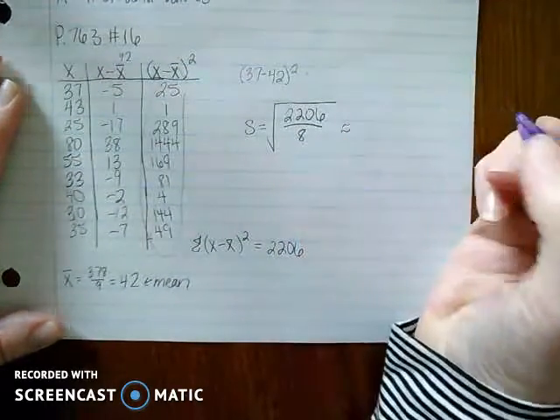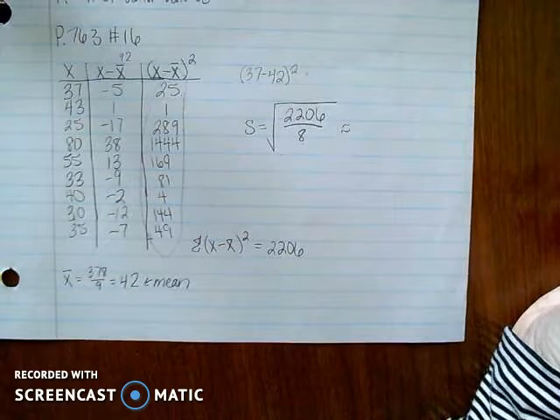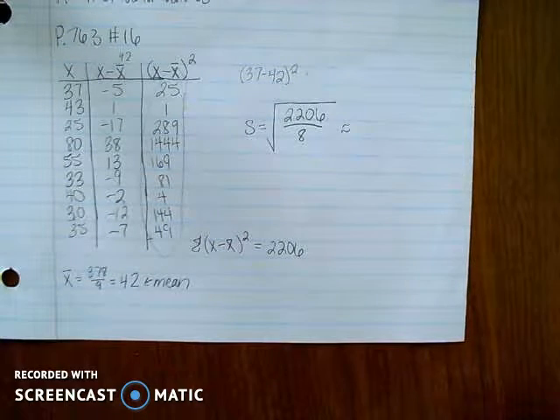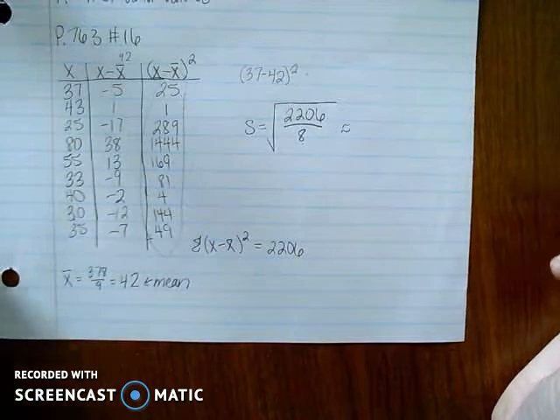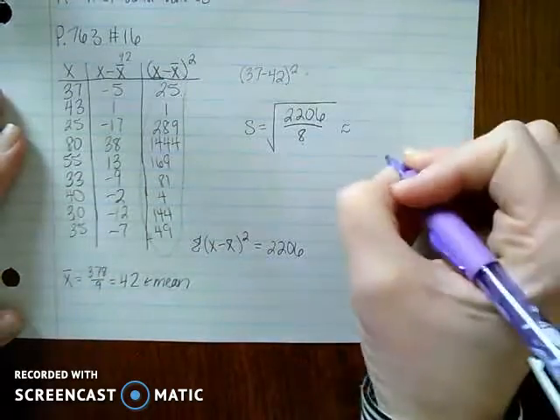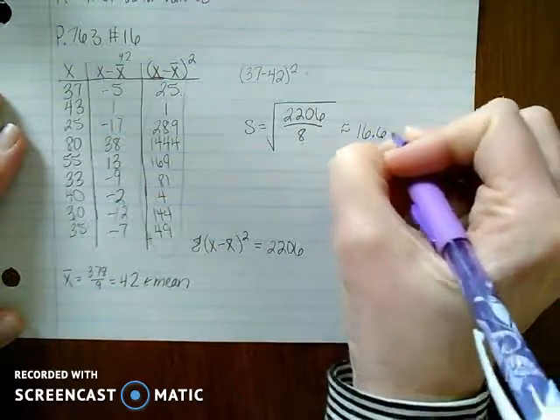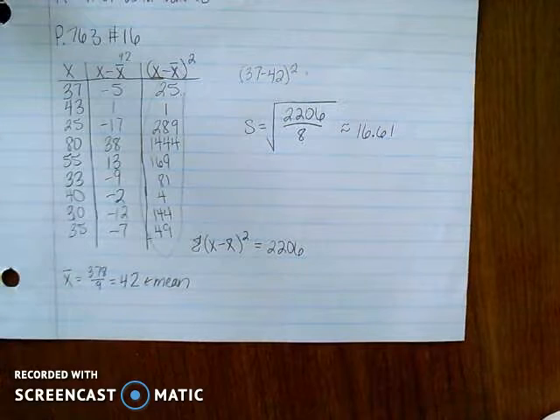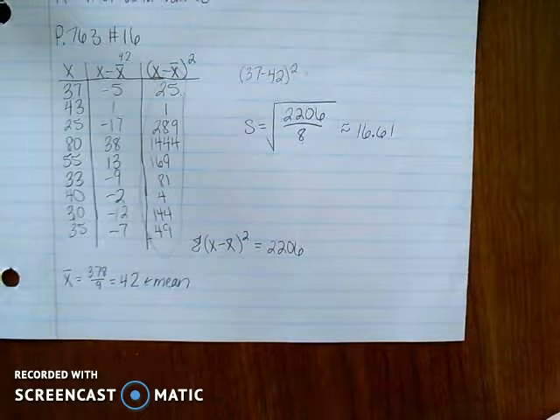And we're going to round, since the directions in the book tell us to round to the nearest hundredth. So this is approximately 16.61. And again, I know that doesn't really mean anything to you. We're going to use it for something in 12.5, but in an actual stats class, we learn a lot more about what that number means.